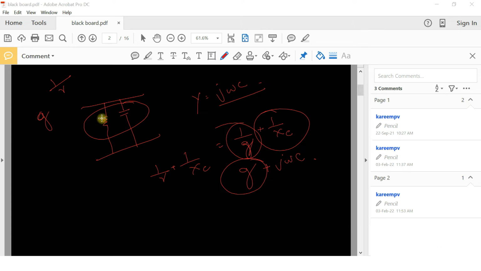There won't be any current flowing through this. That means this resistance will be infinity. So no current will be flowing through that. So 1 by infinity will be equal to 0. That is how we are getting G is equal to 0 for a lossless transmission line.